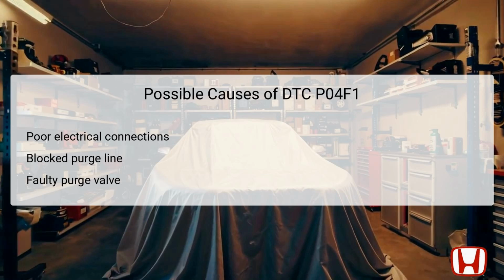Additionally, a faulty purge valve may not open or close as required, leading to improper vapor routing and thus triggering the DTC. Each of these components is interconnected, meaning a failure in one can lead to symptoms that affect others in the EVAP system, complicating the diagnosis and repair process.